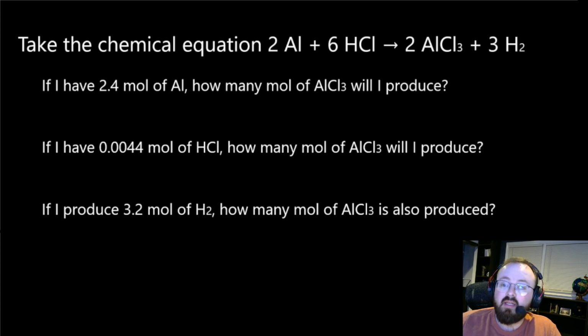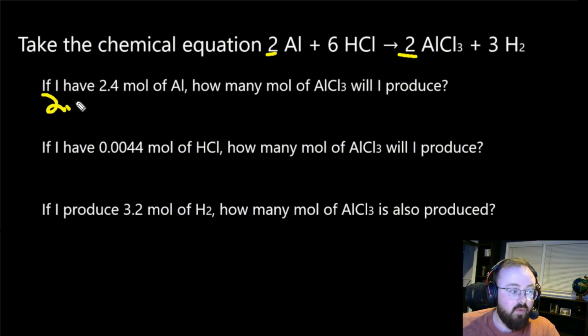Let's think about it like this. If I have 2.4 dozen aluminum atoms, how many dozen aluminum chlorides am I going to have? Just like we've talked about, what we're looking for are the coefficients. Whenever we are converting between moles and moles, we have to look at the coefficients of our chemical reaction.